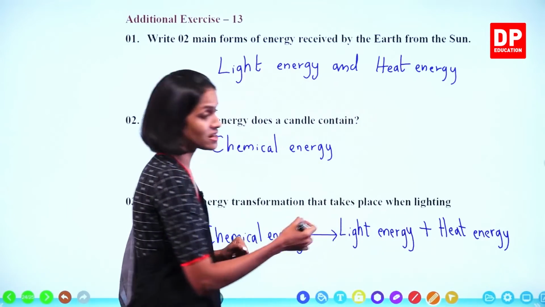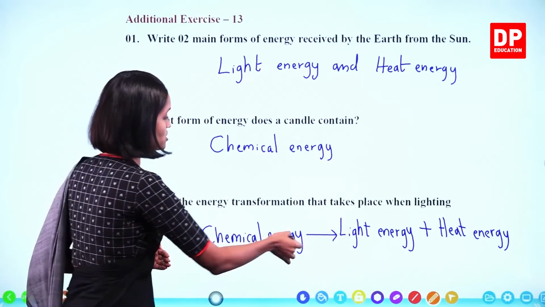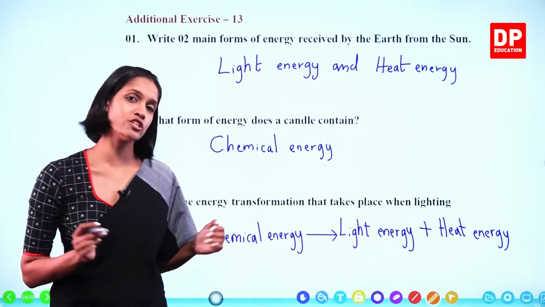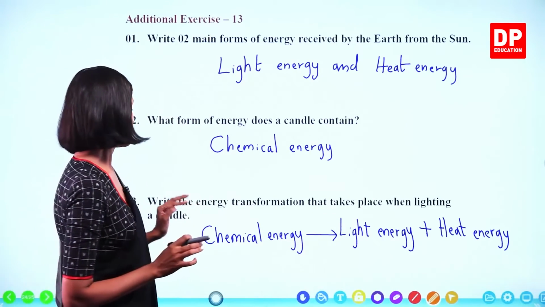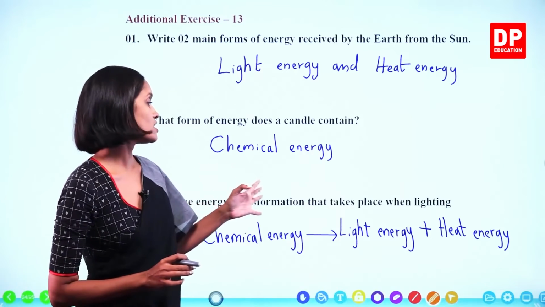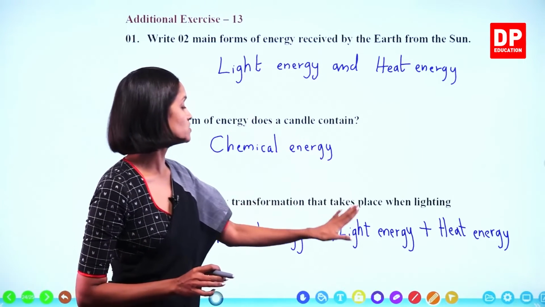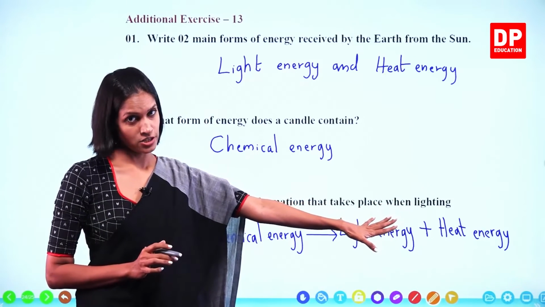Or you can even write separately. Chemical energy into light energy and chemical energy into heat energy. That's also correct, right? So write the energy transformation that takes place when lighting a candle. Chemical energy is converted to light and heat energy, right?